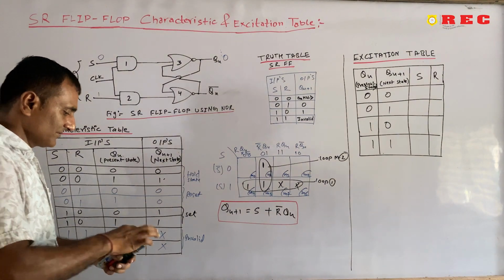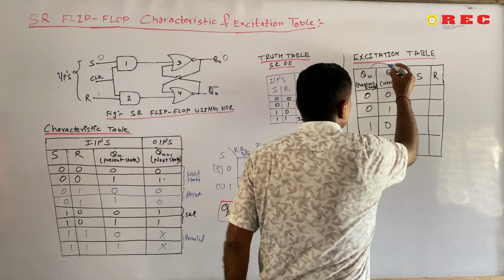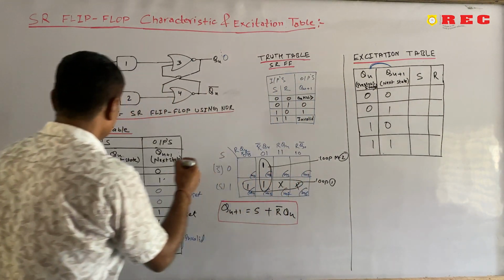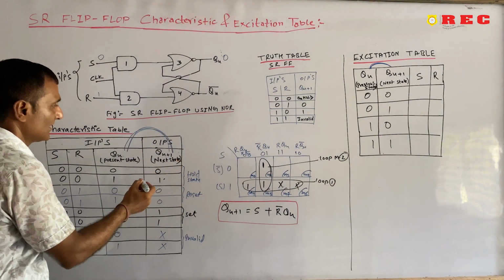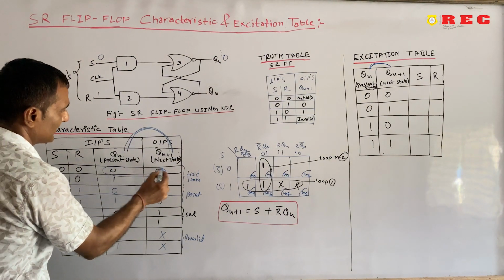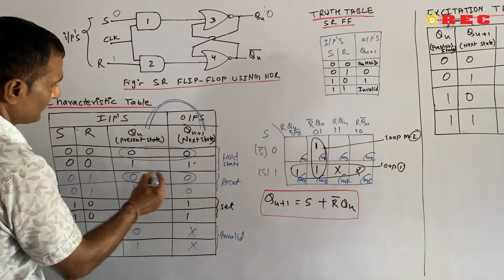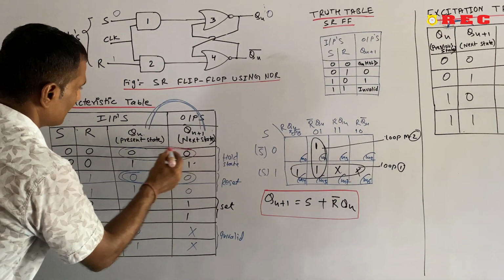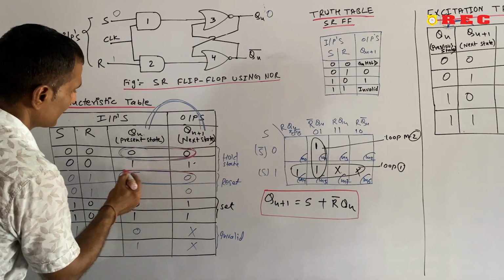So see here, for this input Qn and Qn plus 1, where there is 0, 0. At two places we are seeing 0 and 0. Qn is 0 here, Qn plus 1 is also 0 here.